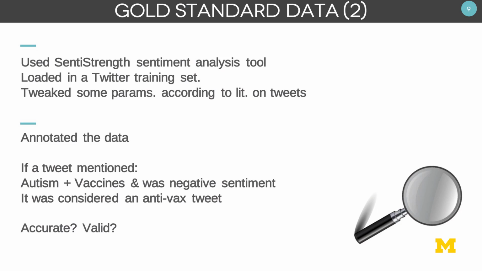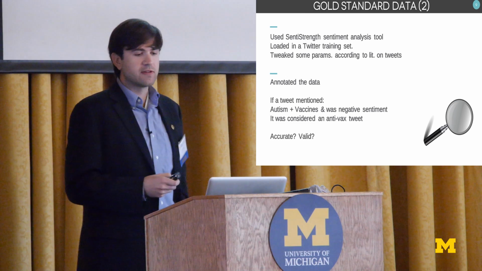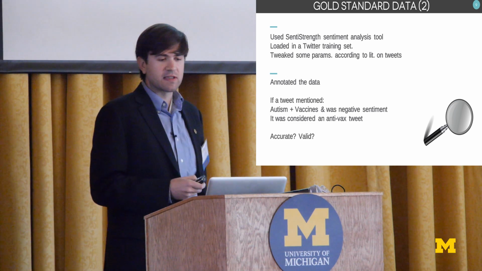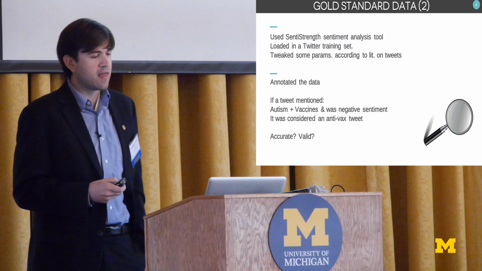Another way that I see a lot in computer science and in other areas of data science is this idea of taking the data and doing automated methods to get to the same answer. So I took these tweets that mentioned vaccines and autism, and I ran it through a program called SentiStrength, which just looks at the sentiment associated with that tweet.